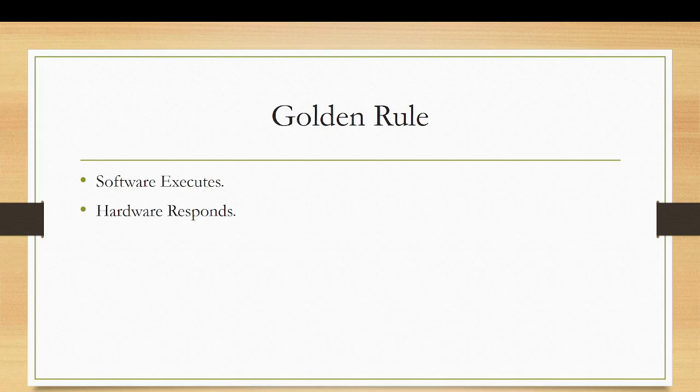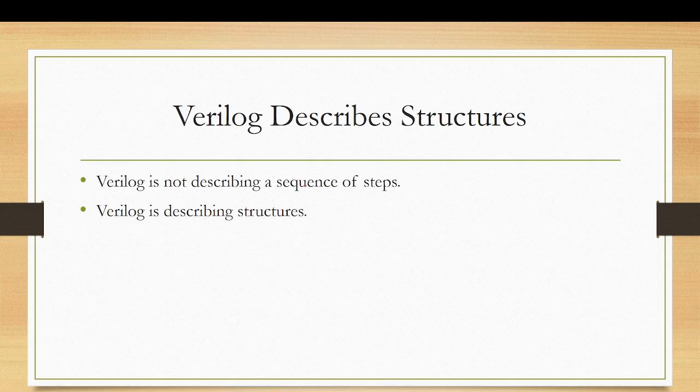Software executes, hardware responds. Everything else in Verilog becomes easier once this clicks. Verilog is not describing a sequence of steps. Verilog is describing structure, connections, circuits, blocks, hardware. You are not writing instructions, you are designing reality.